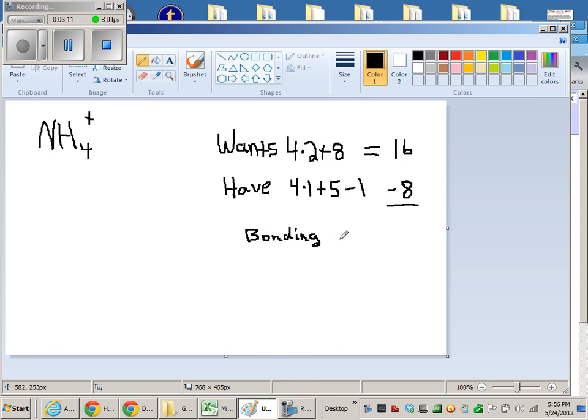They're the number of double counted or shared electrons involved in covalent bonding. So 16 minus 8 leaves us with 8 bonding electrons. Since we have 8 valence electrons and 8 bonding electrons, there are no non-bonding electrons, because they're all being used up in bonding. So 0 non-bonding electrons.